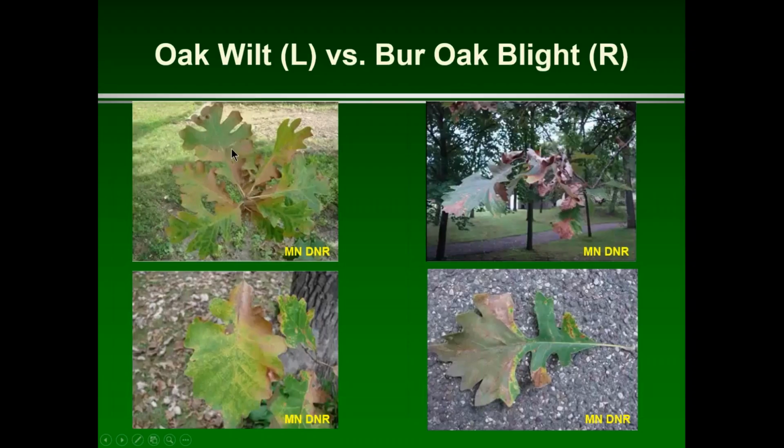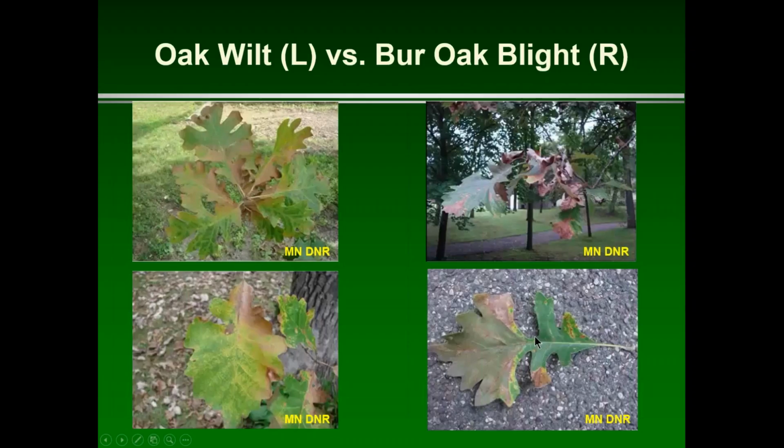The foliar symptoms can be basal, distal, or peripheral. You get a lot of leaves dropping from the tree. Oftentimes you'll find green leaves dropping, half green leaves dropping, brown leaves dropping. You get a variety of leaves dropping.